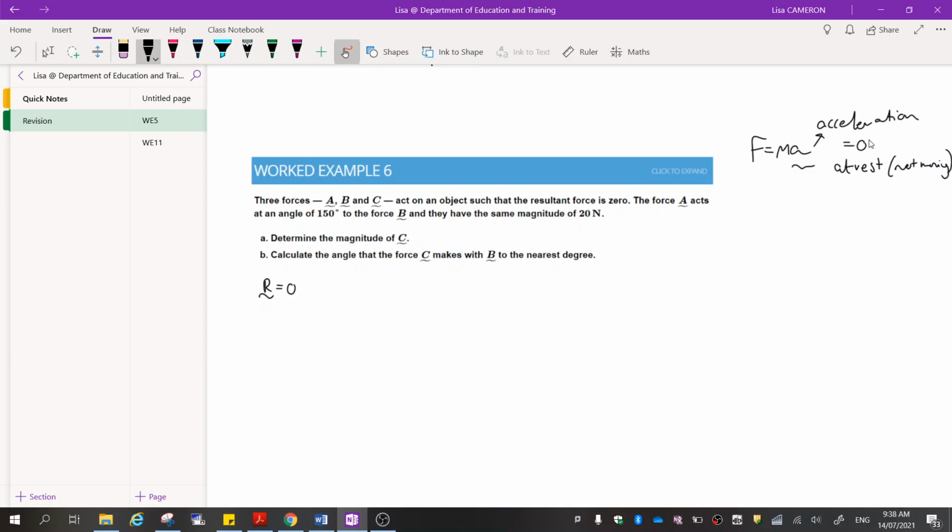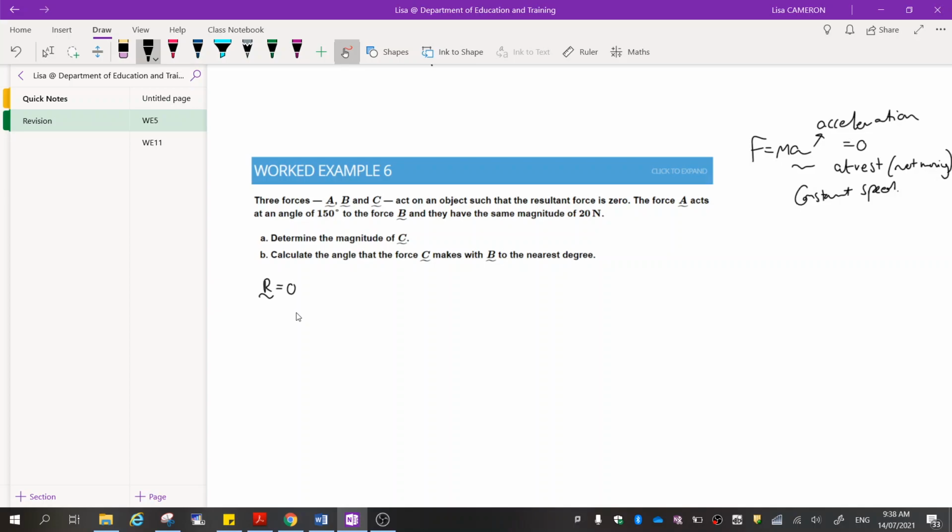Or the other option for the acceleration to be 0 is it's moving with a constant speed. Now, this is something that we really build on in methods in the coming months, and it becomes quite important for us in Year 12.